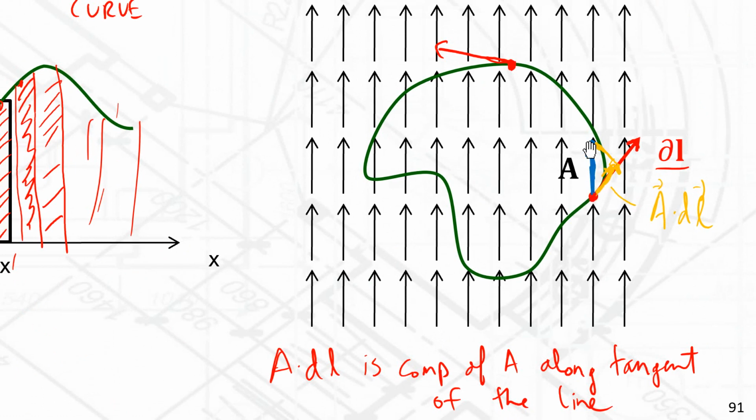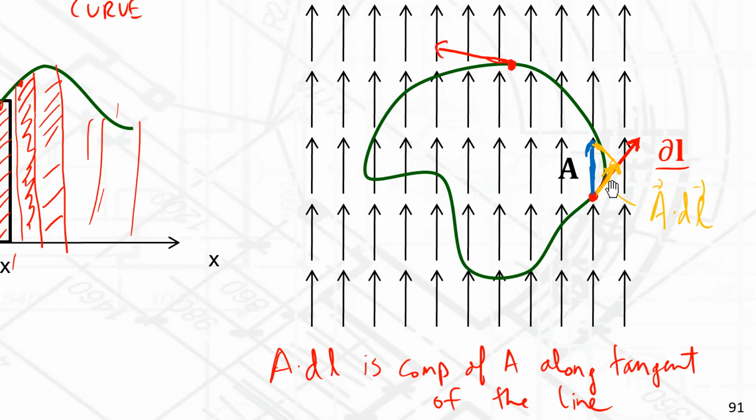So this is your vector A, that's your vector field, and we are taking the component of A in this dl direction, and dl always points tangent to the line that you are looking at. And it points tangent to the line in the counterclockwise direction.